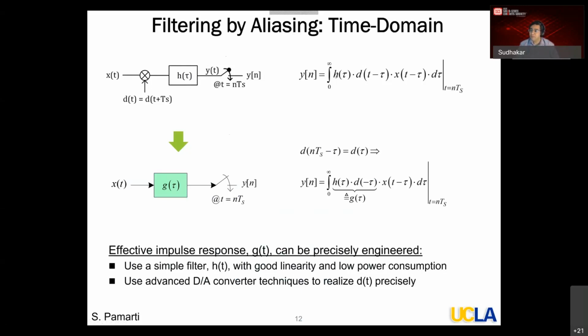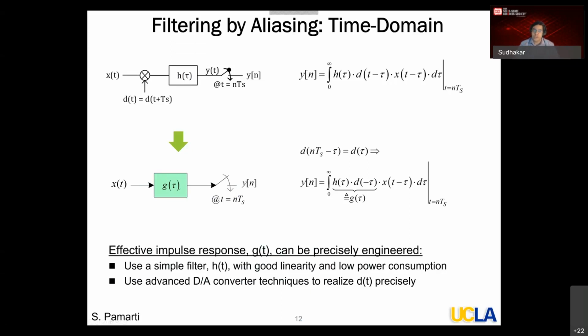Now, d of t is periodic. That means that d of nTs minus tau is going to be equal to, the typo here should be d of minus tau, right? It doesn't depend on Ts because it is periodic. So accordingly, as far as the samples y of n are concerned, if you are looking only at the samples y of n, this is equivalent to a system where the input x of t goes through an effective impulse response g of tau, and then it is being sampled.